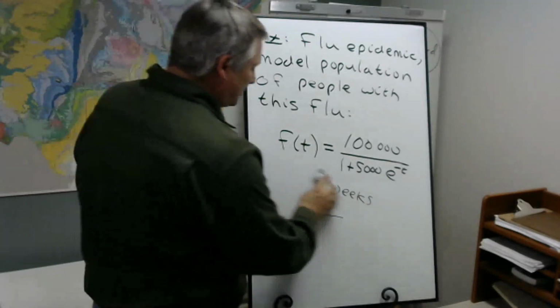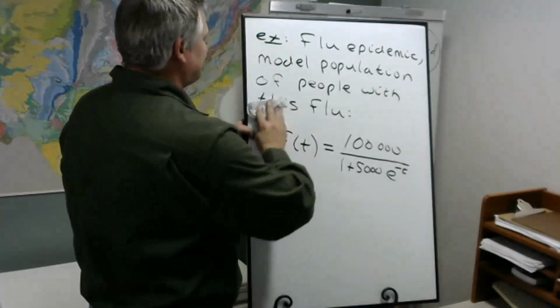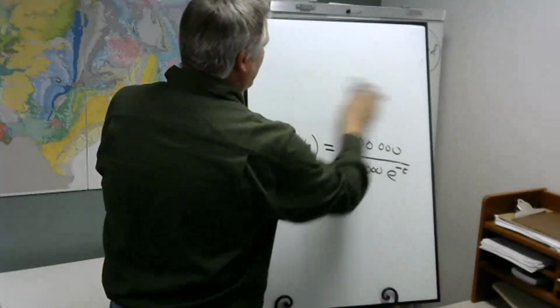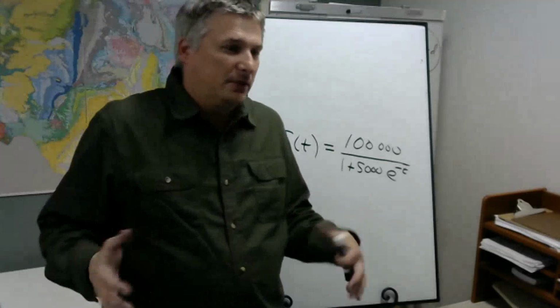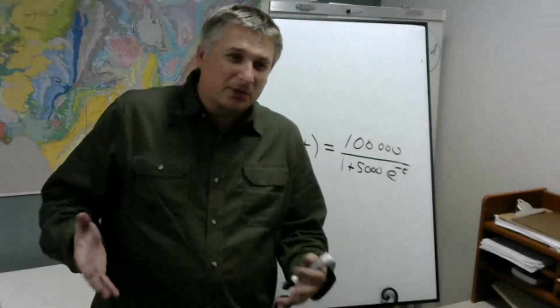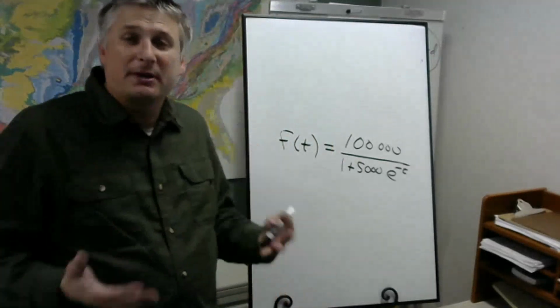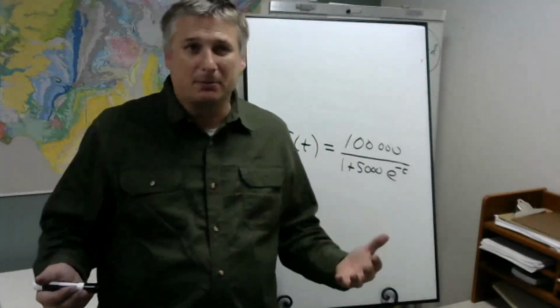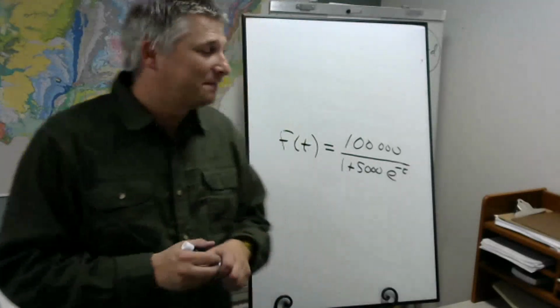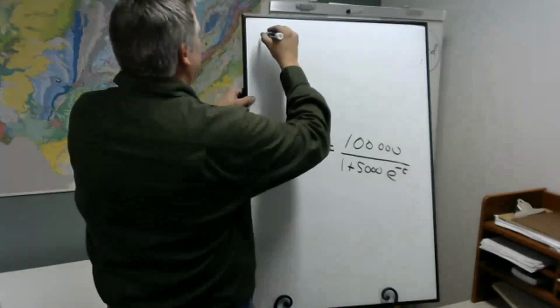So we're going to ask some questions. First off, someone's got to show up with this flu. Maybe it's one person, maybe it's a handful of people, somebody has the flu at the very beginning. So how many people are we assuming that is?